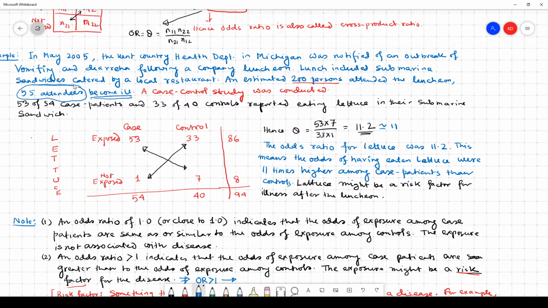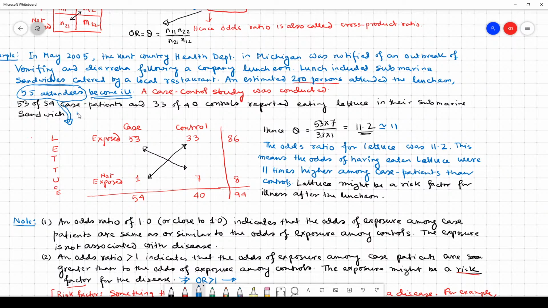Now I consider, among these 55 attendees who became ill after taking lunch, 54, because when we start a study, someone is not interested in participating.